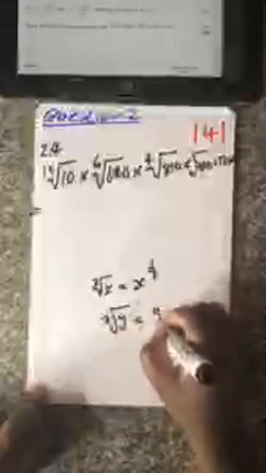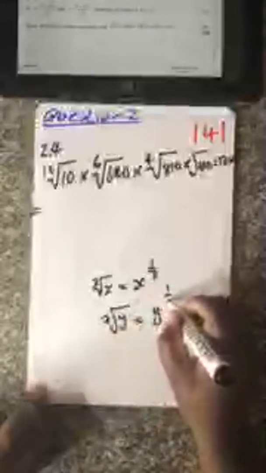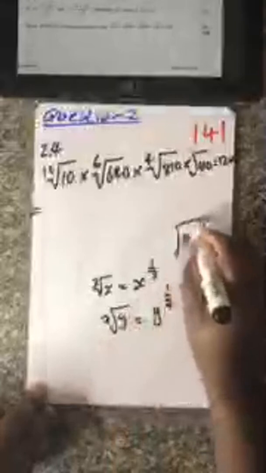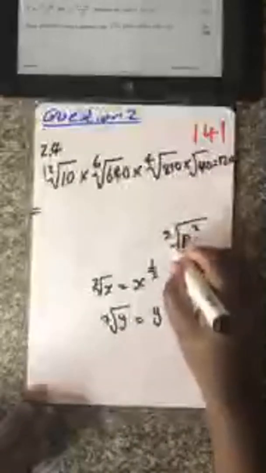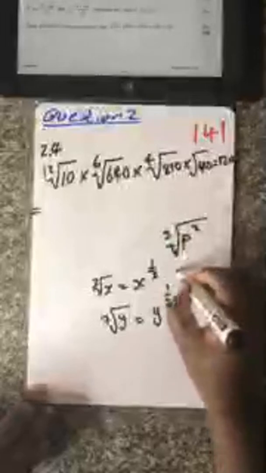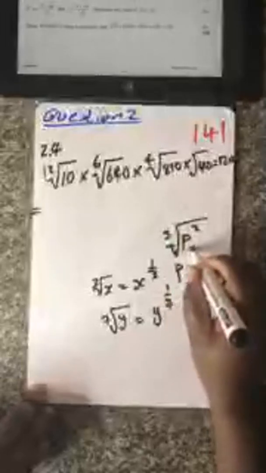When you have y square root 7 there, this is the same as y to the exponent 1 over 7. If you have, let's say, p squared, all of this at square root of let's say 5, this is the same as p, but when dealing with this type of question, you raise that 1 as numerator over 3, which is that one.